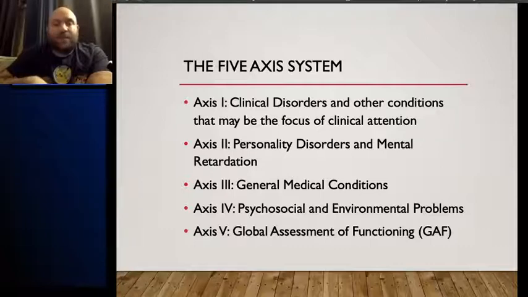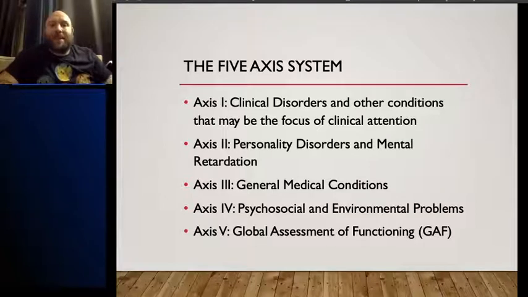Axis 2 would be your personality disorders and intellectual disability. Axis 3 is any medical conditions that you want to consider. Axis 4 is all the life stuff, right? Divorce, death, moving, being laid off, things like that. And Axis 5 was an attempt at assigning a number to a person's level of functioning, right? So they called it the Global Assessment of Functioning.